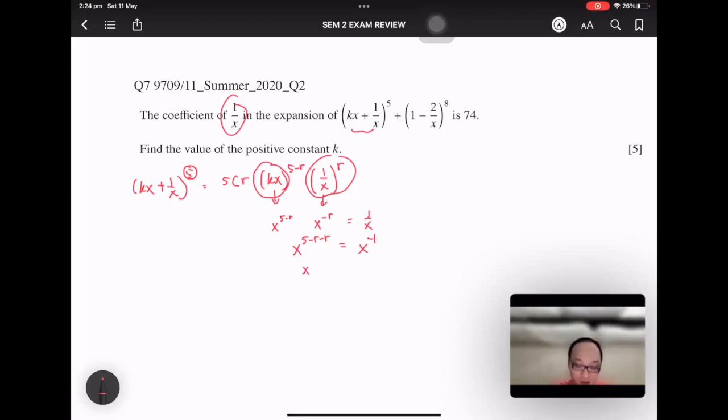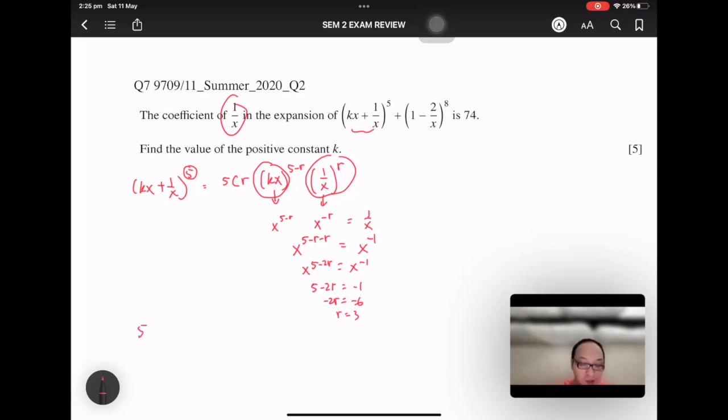So we have x to the power of 5 minus 2r equals x to the power of negative 1. So 5 minus 2r equals negative 1, minus 2r equals negative 6, r equals 3. So we are looking for r equals 3 in this form.